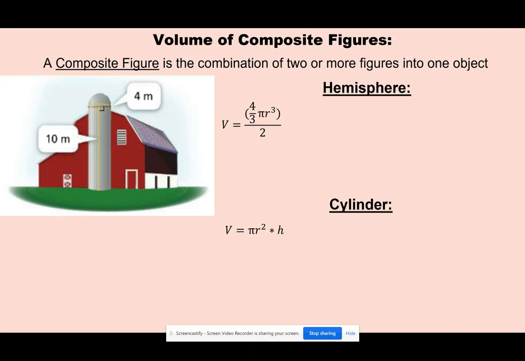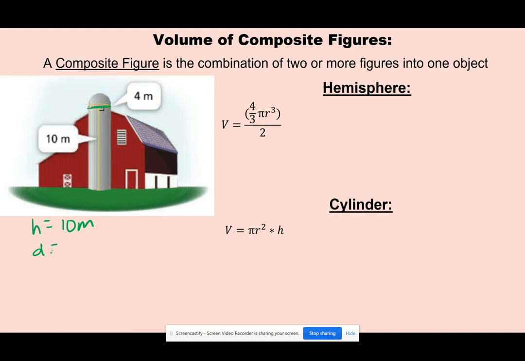So let's go ahead and make a list of everything they give us. So if you're looking at this, the 10 meters is the height of the cylinder. So we could say H equals 10 meters. Now the 4, it's a little hard to tell from this picture, but the 4 is actually the diameter all the way across.